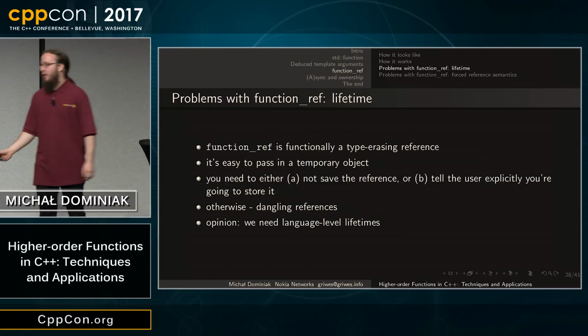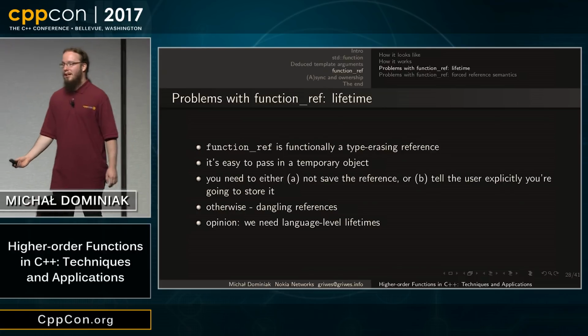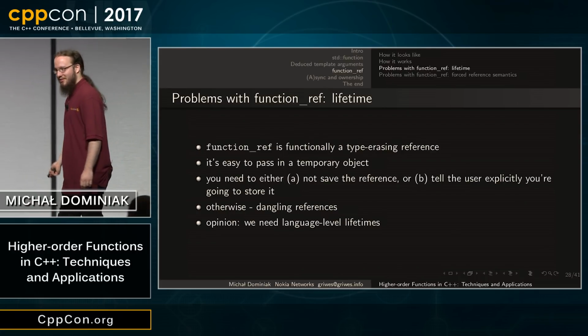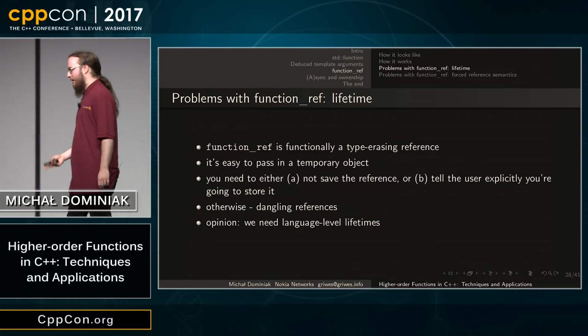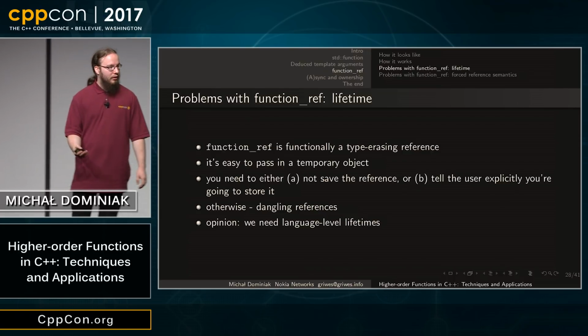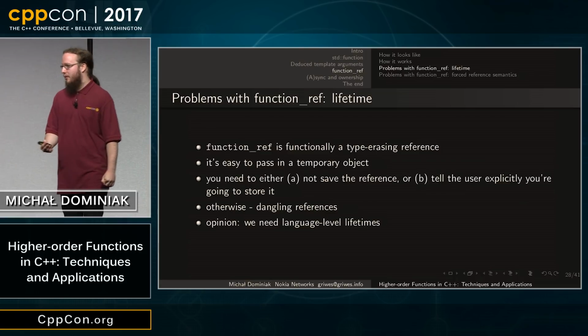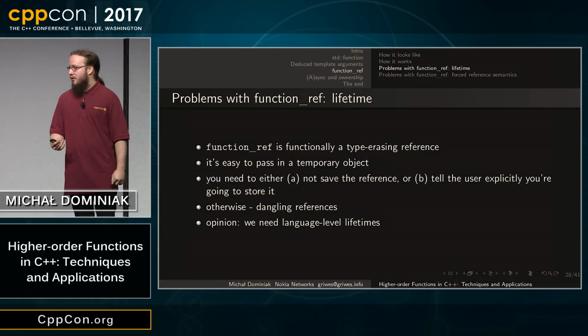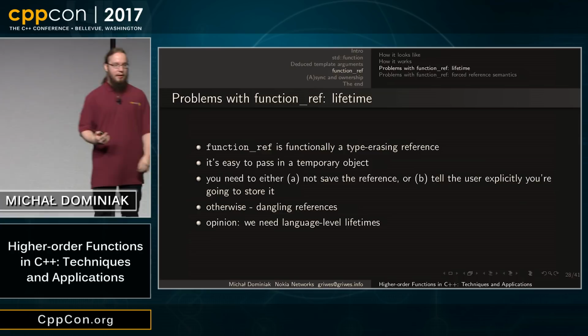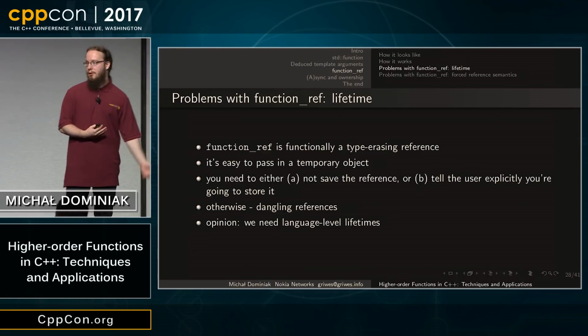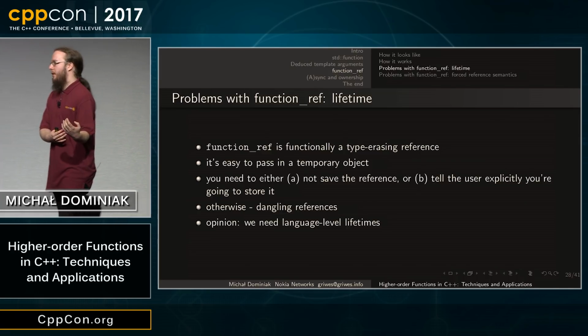So my opinion here is that we actually need core language lifetimes. I think that we need a core language feature that tells us what the lifetime of this thing is. Library features, I don't think cut it. I think it's the compiler that must actually do the checks whether we are doing something illegal.